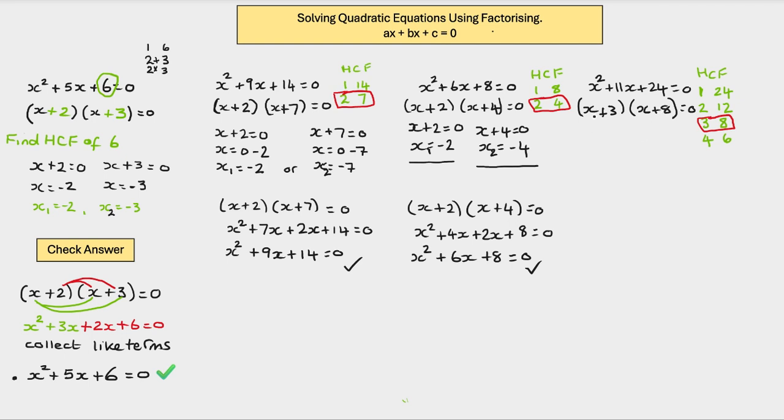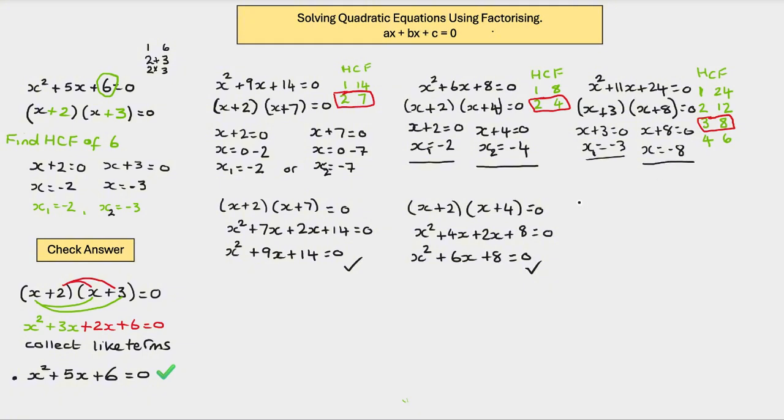And then we do our little bit of maths to get rid of the zeros. x plus 3 equals 0. x equals minus 3. Or it could be x plus 8 equals 0. x equals minus 8.